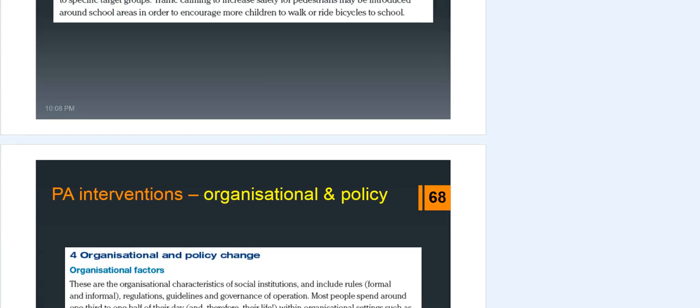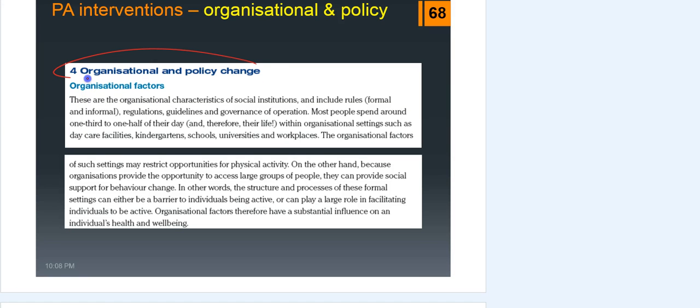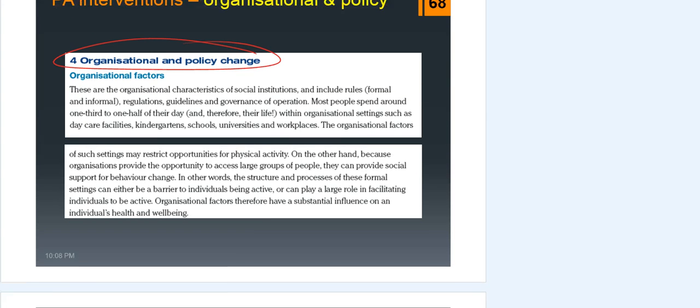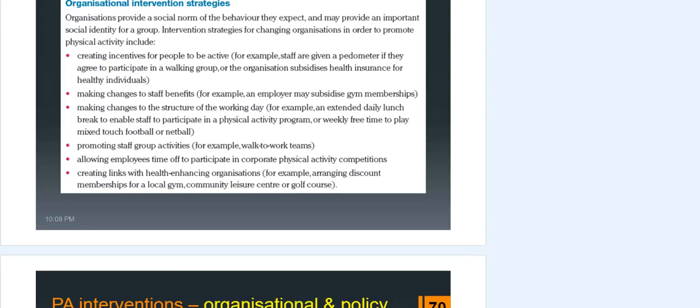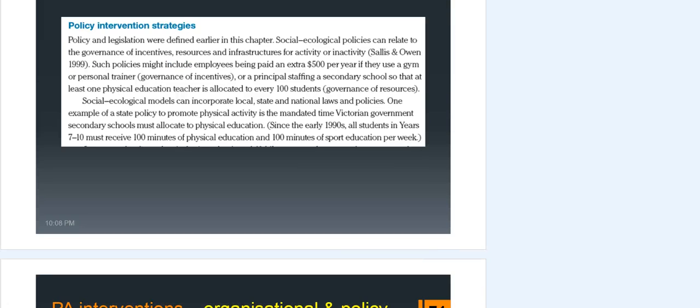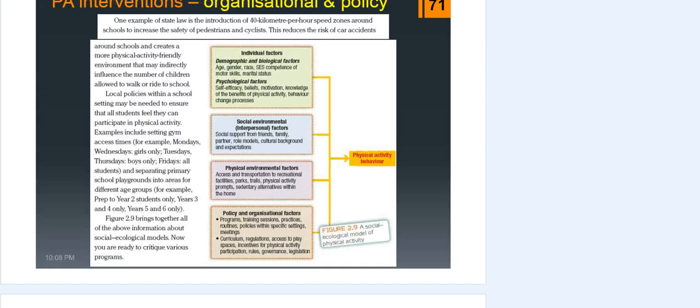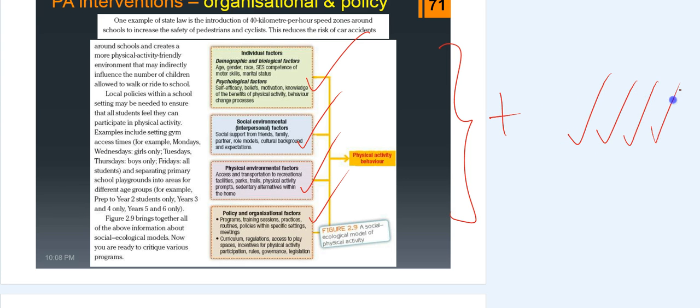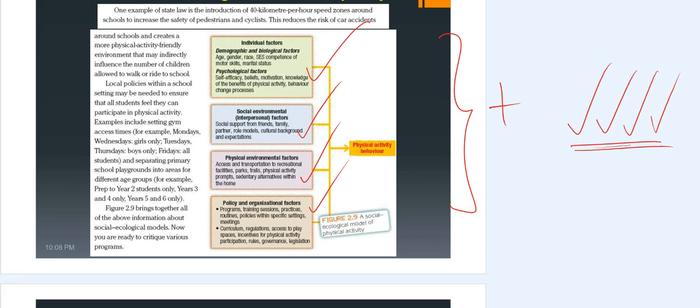Physical, organisational policy, but need to stress, if we look at individual, social, physical and policy, add together, much greater chance of our policy succeeding.